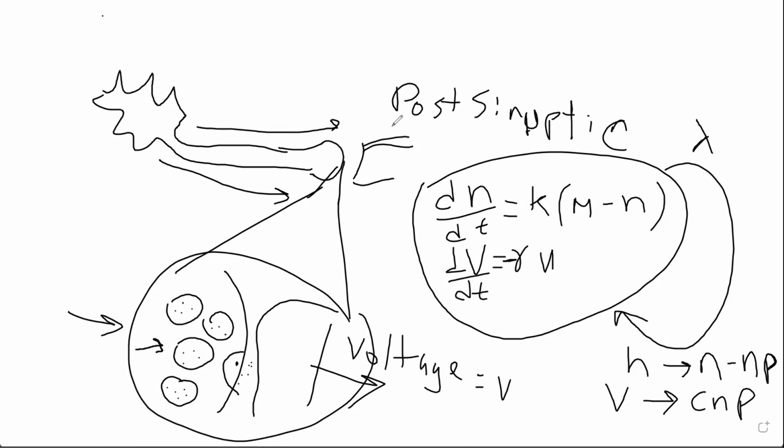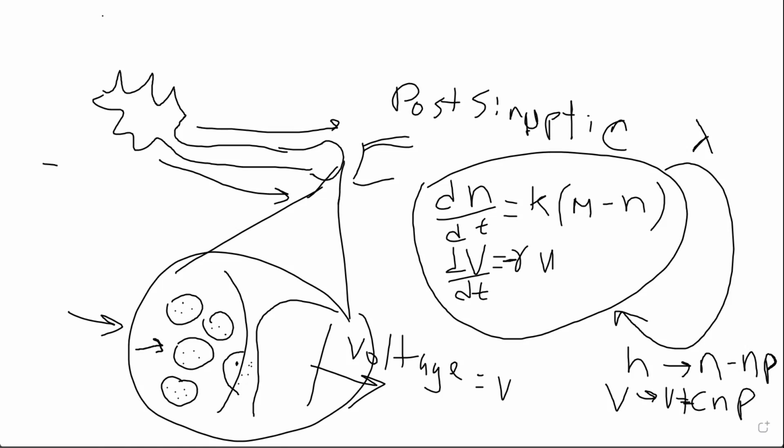Sorry, here. V goes to V plus this term. And if the voltage reaches some threshold, you're going to send a new pulse, and the voltage goes to 0.